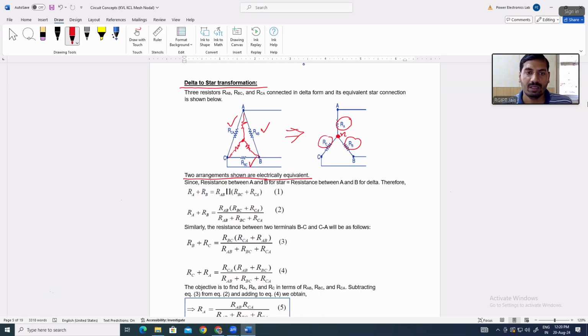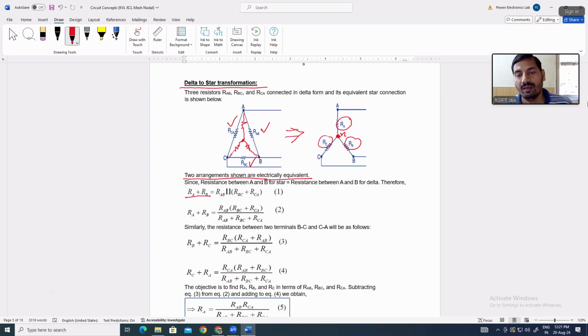Since the resistance between A and B for a star is equal to the resistance between A and B for delta, therefore RA plus RB. We are taking two end terminals A and B. Between the end terminals there are two resistances RA and RB, and both are connected in series.